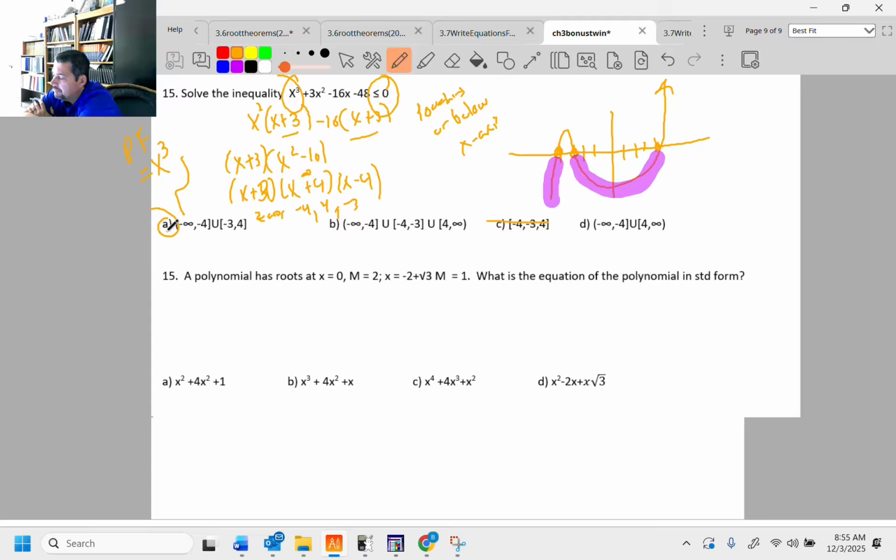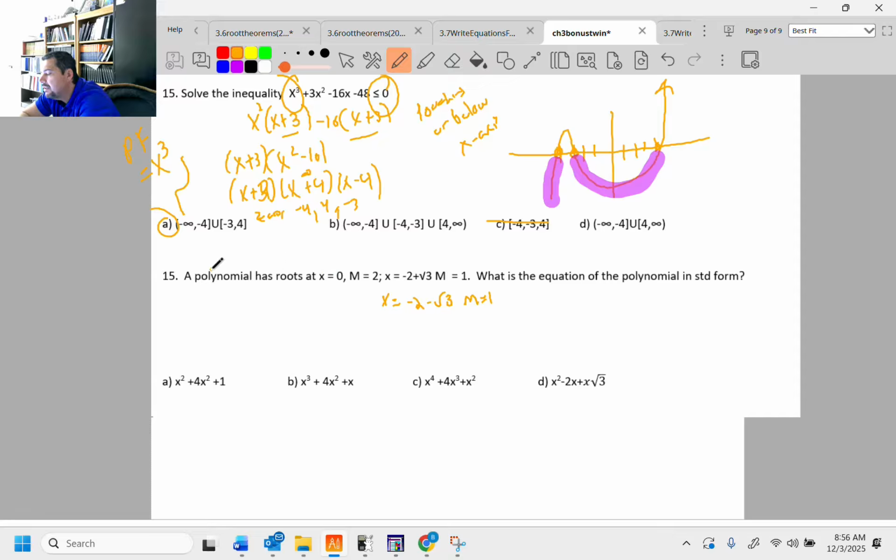All right, moving forward. Polynomial has roots at x equals 0, x equals -2 plus root 3. Oh, and by the way, x equals 0 has a multiplicity of 2. And x equals -2 plus root 3, which is an ugly 0, so I also have x equals -2 minus root 3, which also has a multiplicity of 1 because of conjugate pairs. Now, think about your factors.